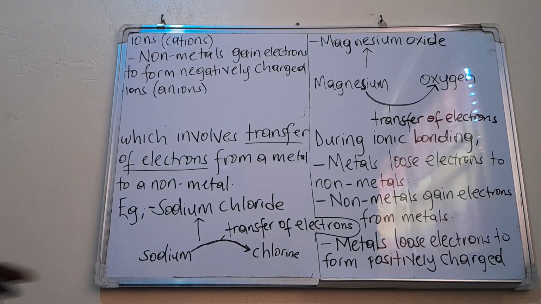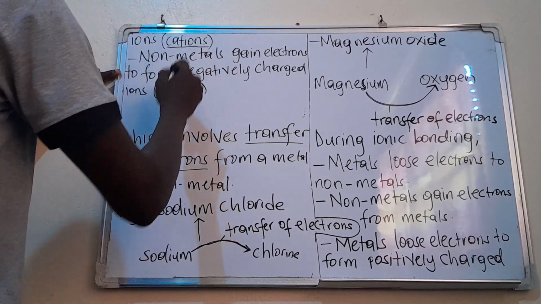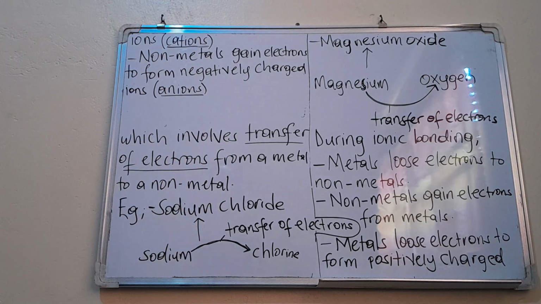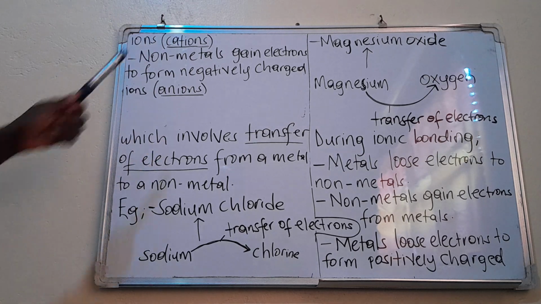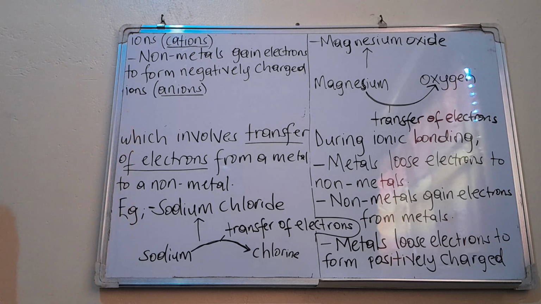So metals lose electrons to form positively charged ions, which we call cations, and also non-metals gain electrons to form negatively charged ions, which are known as anions. So you are seeing that during this process, we form positively charged ions, and we also form negatively charged ions.